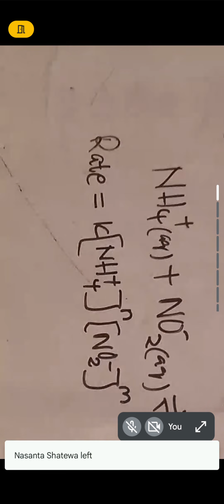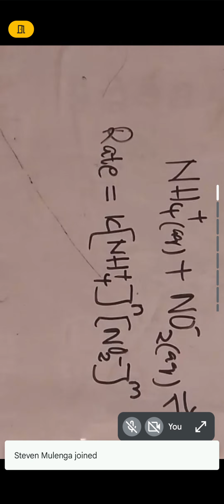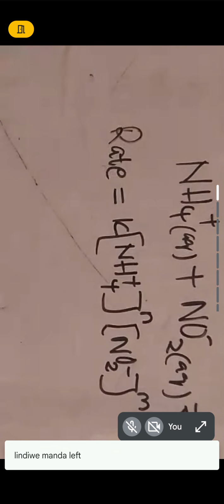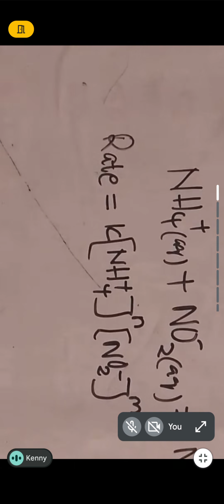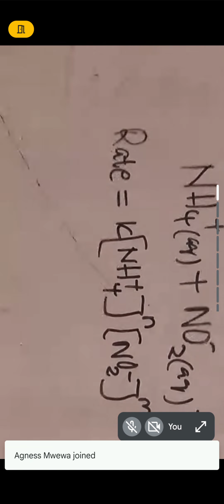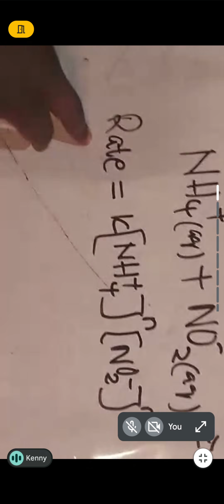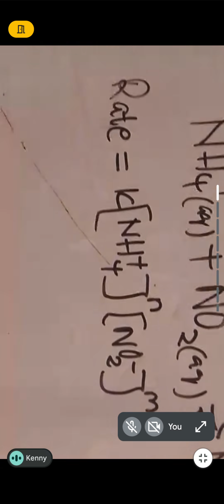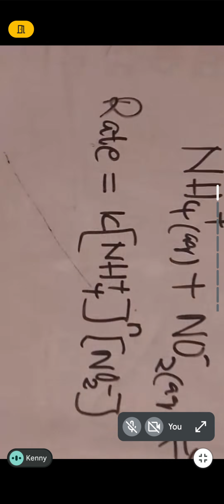Okay, so this is what we call the rate law. Rate is equal to k times the concentration of NH4 plus times the concentration of NO2 minus.